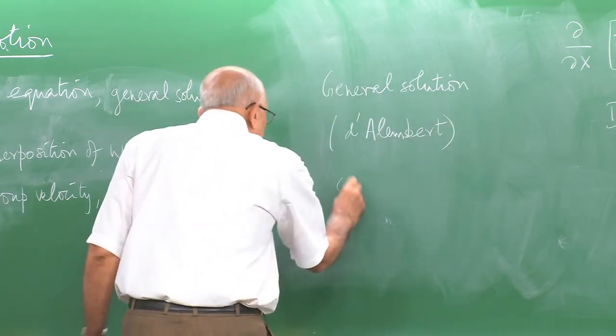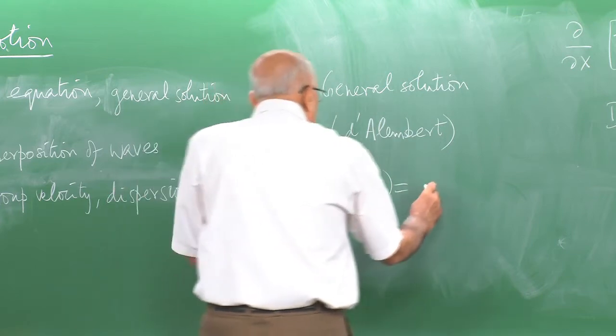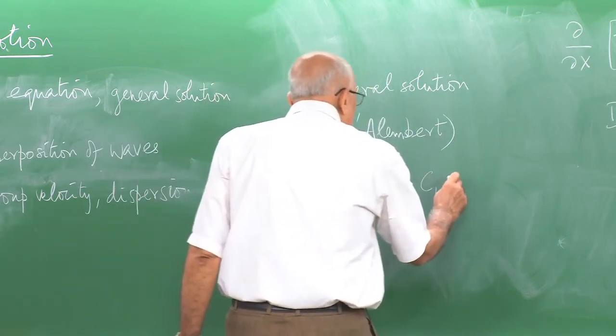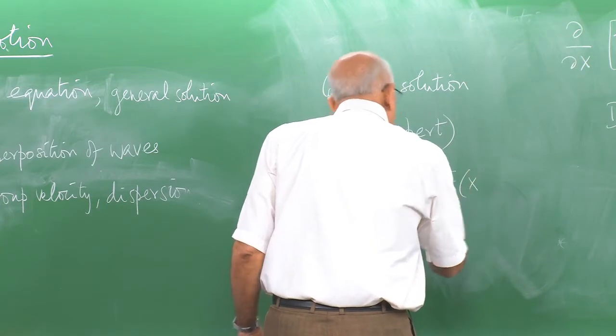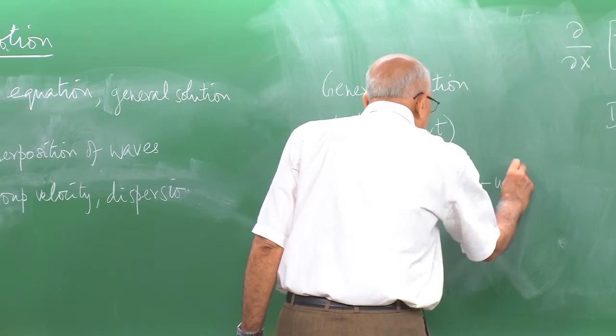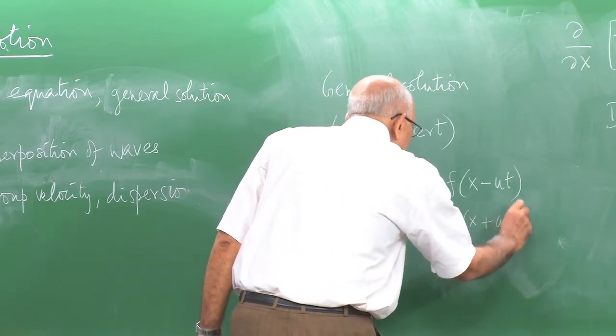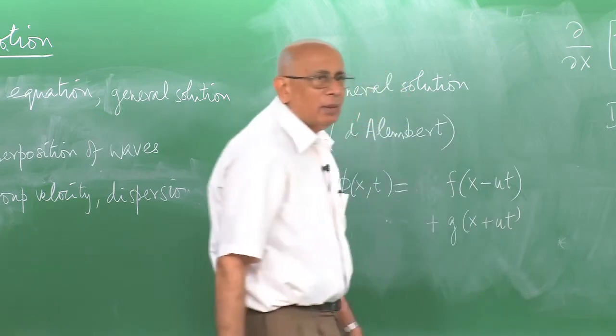It is of the form phi of x comma t equal to some constant, say c1, times a general function, you can absorb that constant in this function, of x minus ut, plus some other general function of x plus ut. And it is easy to see where this comes from.